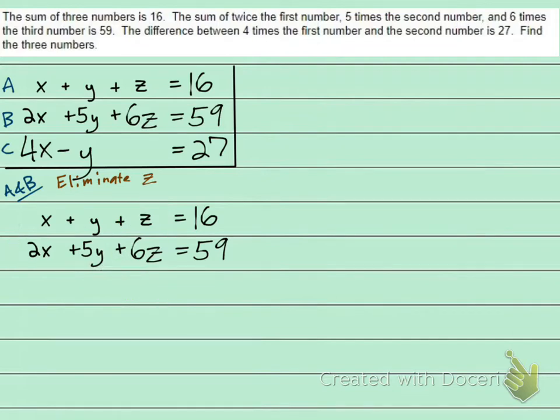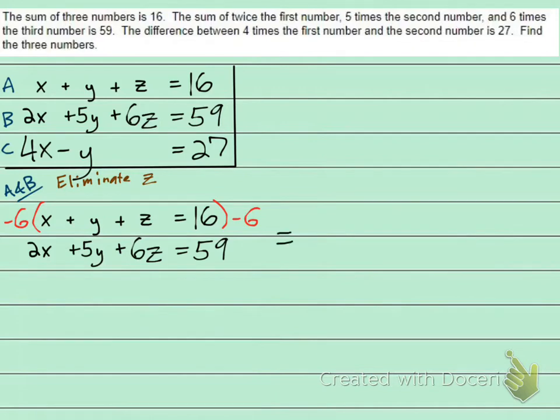So what I'm going to need to do is change one of these equations so that the z cancels out. In order to do that, we're going to need to multiply the top equation times -6. The reason I'm doing that is because this will be a -6z added to a 6z. That will cancel out. So let's distribute -6 throughout the top equation.